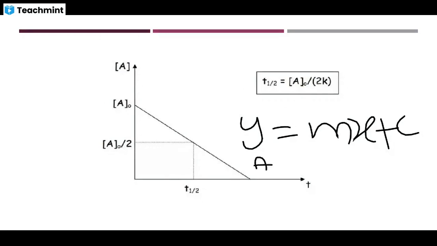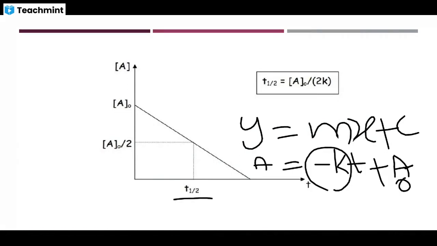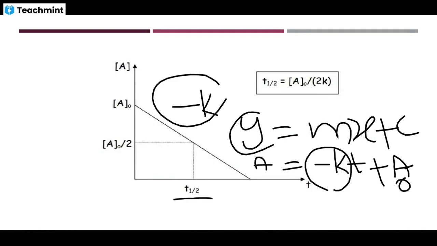The constant c is A naught, x is t, so the slope is minus k, and y is A. You plot y as A and x as t, then compare these two. So y equals mx plus c, where m equals minus k, so the slope is negative.